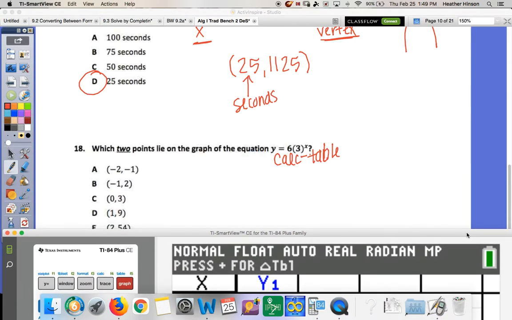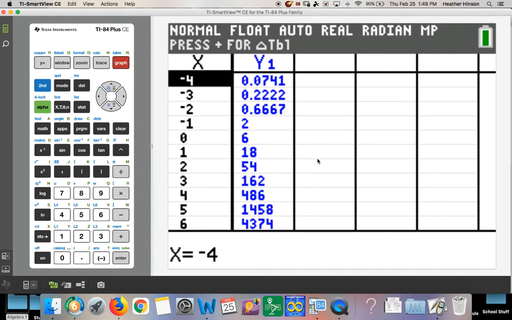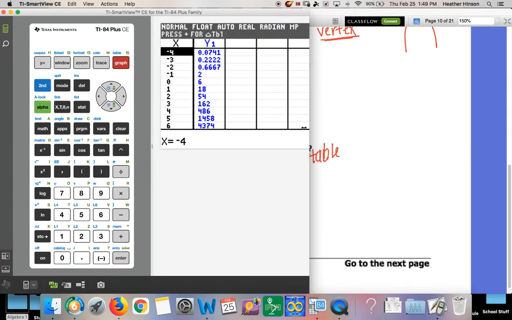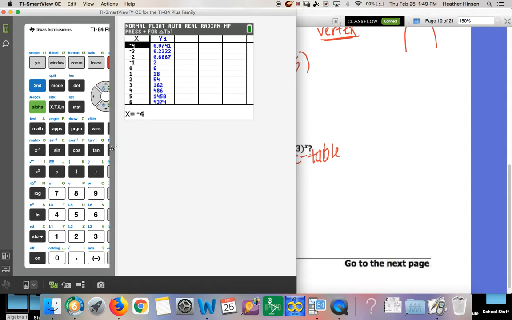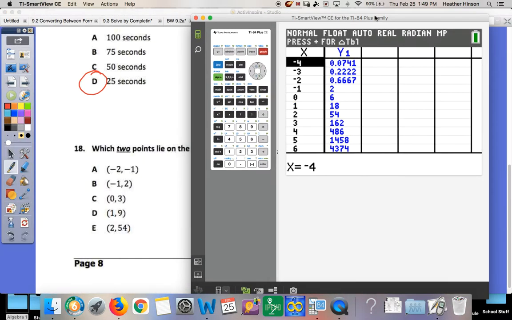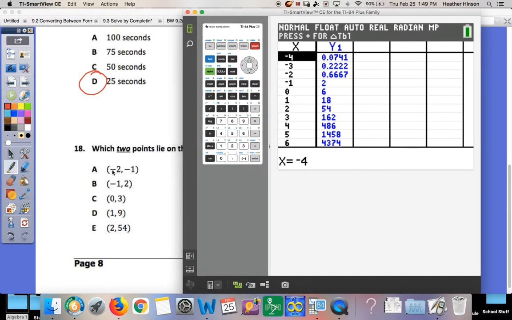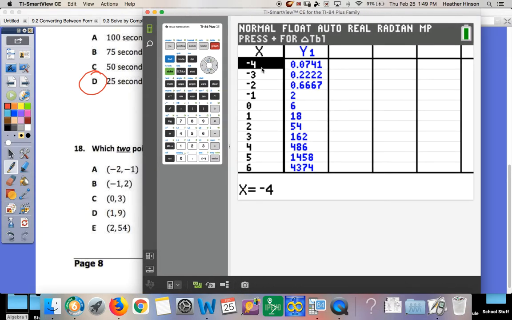Okay, so we have the point -2, -1. So -2 on our table does not match -1, so that's wrong. Then we have -1, 2. So scroll down to -1, and that is 2.